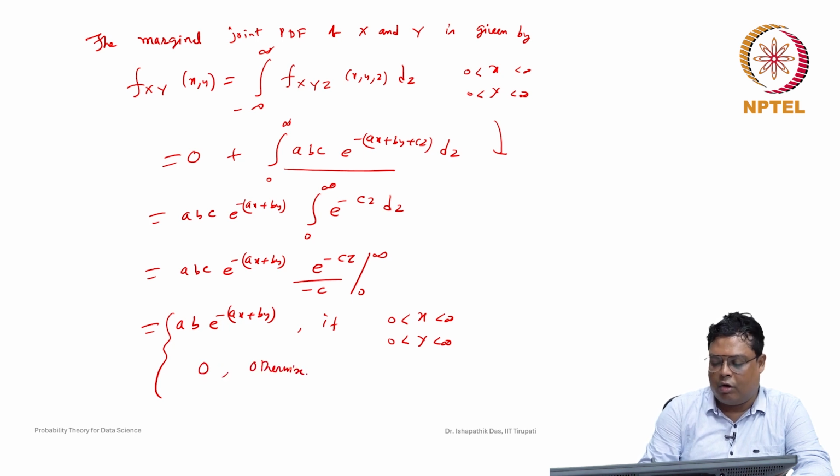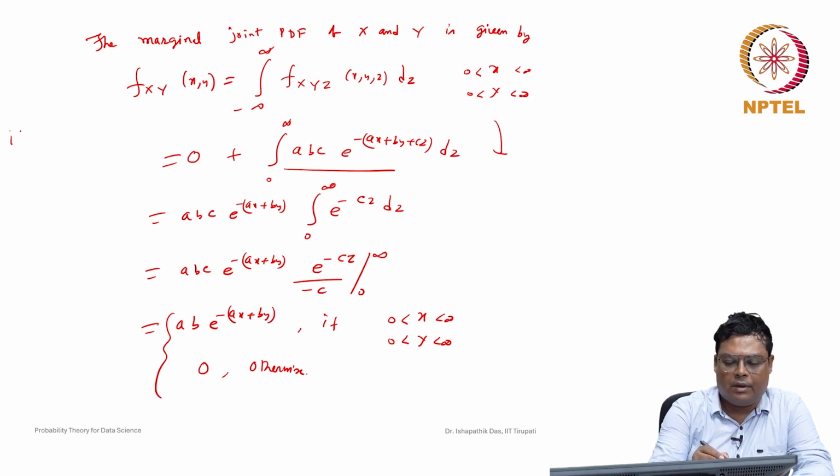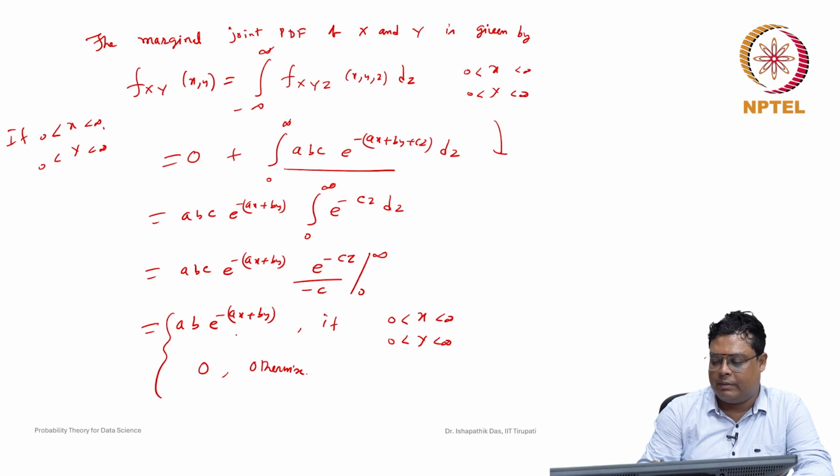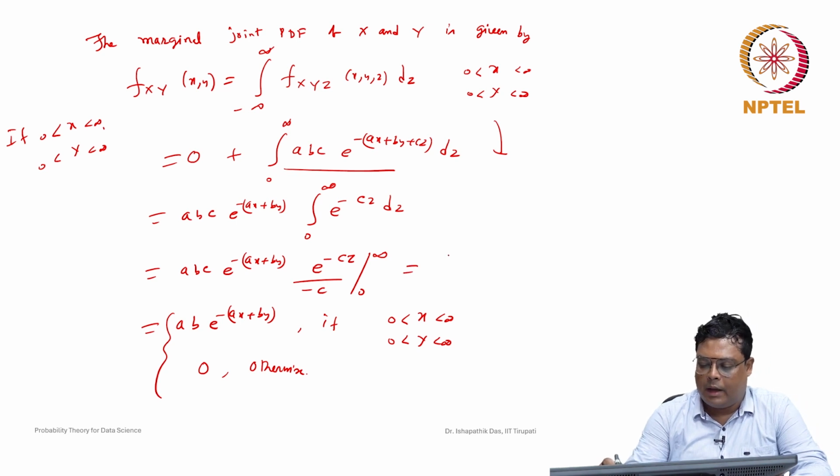So if x is greater than 0 and y is greater than 0, we find this value finally: ab into e to the power of minus (ax plus by).